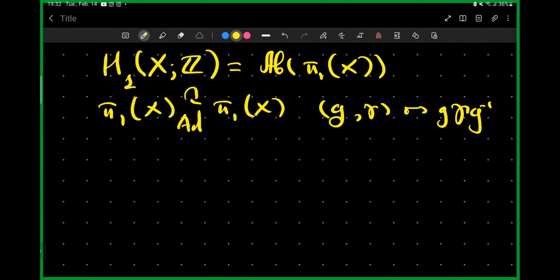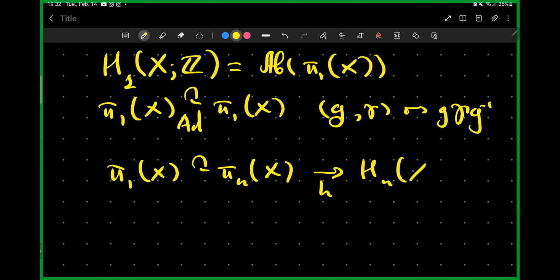And for higher homology groups, I guess we can either say that this is trivial by default, or we can also say that we have the action of the fundamental group on higher homotopy groups, and we have the Hurewicz homomorphism, which is compatible with this action, and so the Hurewicz homomorphism annihilates the action of the fundamental group.